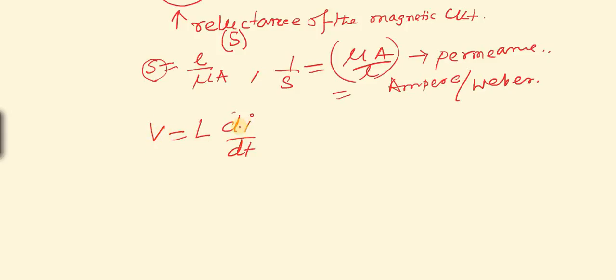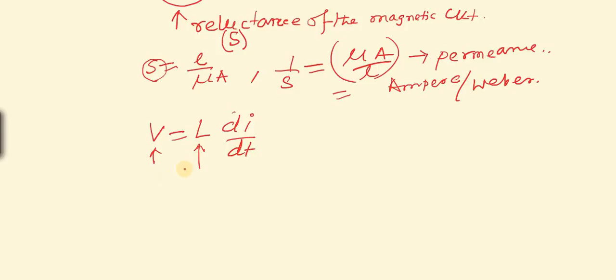So current steady state means what? DC current. So in case of DC current, the voltage across inductance is 0. Voltage 0 means what? Short circuit.